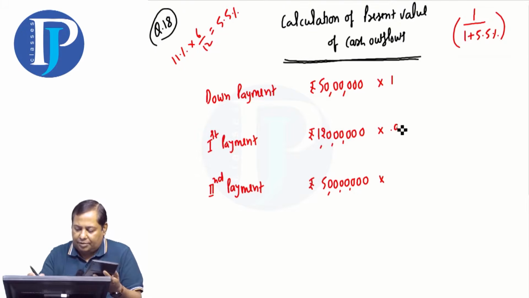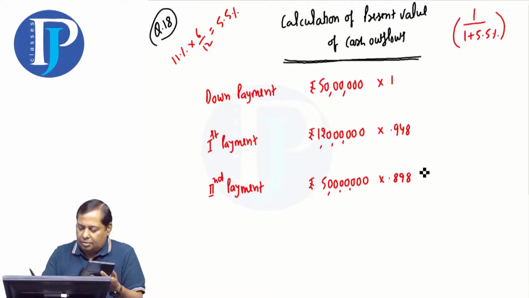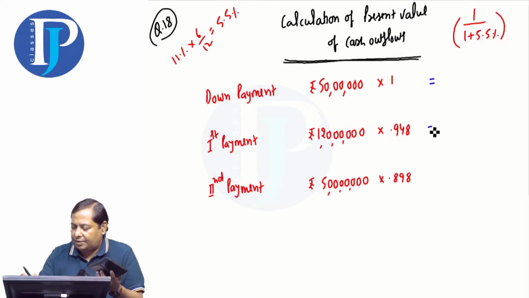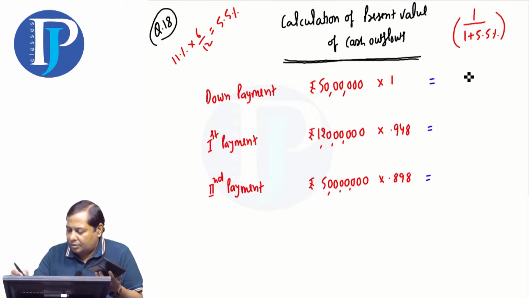So this is the first PV factor, 948. And the second PV factor will come when the rate is half yearly. PV factor will also become half yearly. So this will remain at 50 lakhs.